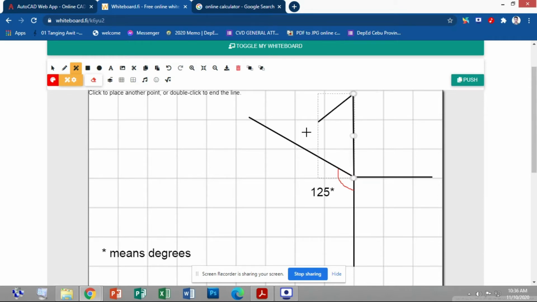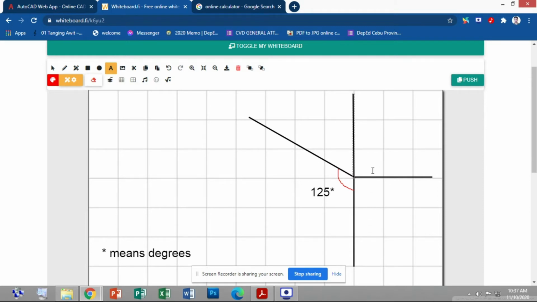Okay. So alam natin na ang angle na ito, straight line siya, that is 180. Yung tinatawag nating straight angle. 180 yan.